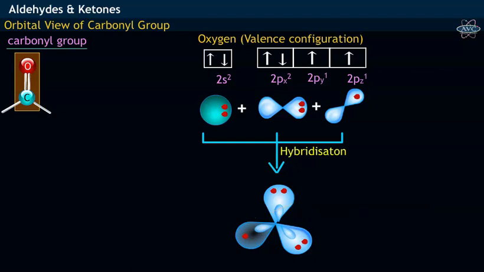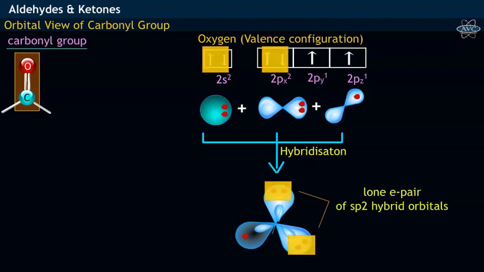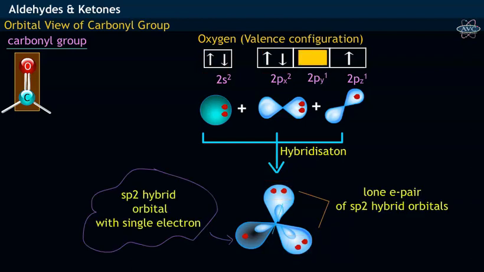It may be noticed that two sp2 hybrid orbitals have one lone pair each, while the third sp2 hybrid orbital of oxygen lying in close proximity to carbonyl carbon has a single electron.